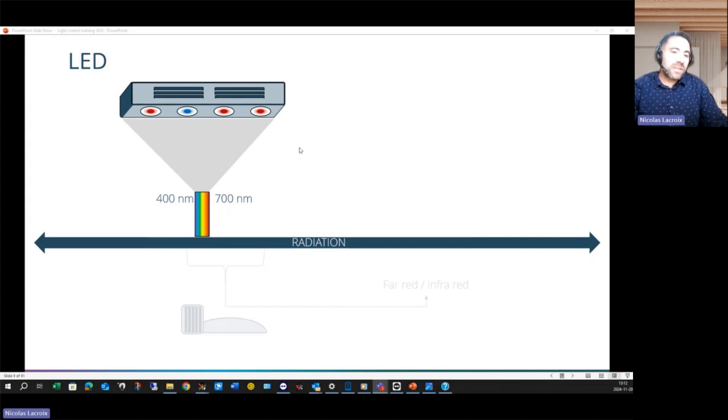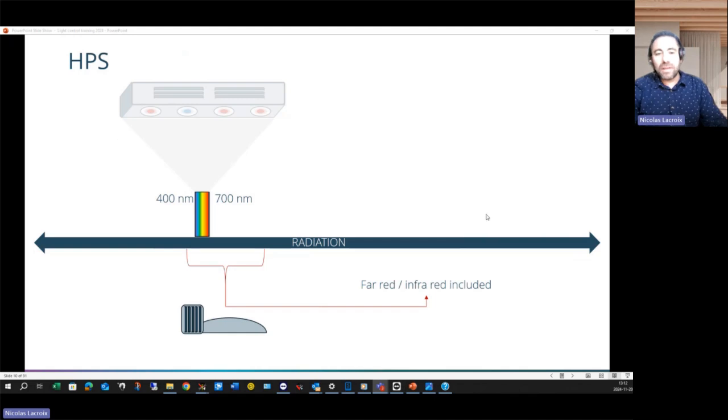Most LEDs produce only that wavelength, between 400 and 700 nanometers. If we compare that to the HPS, they produce a lot more wavelength, so there's unnecessary wavelength for the crops. That's why they are less efficient than the LED.